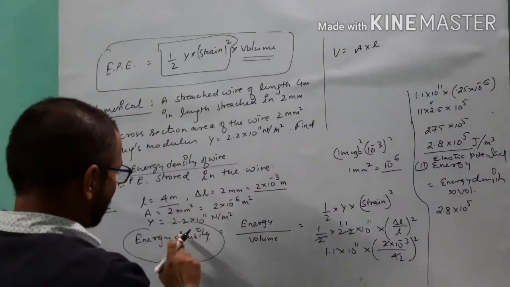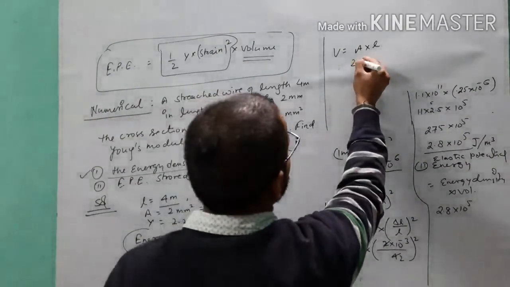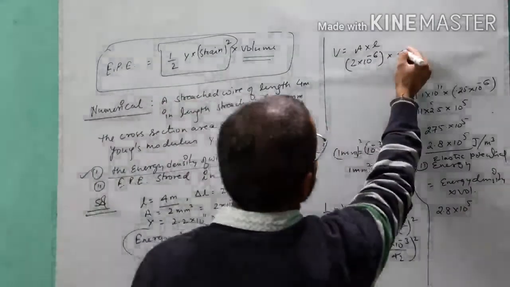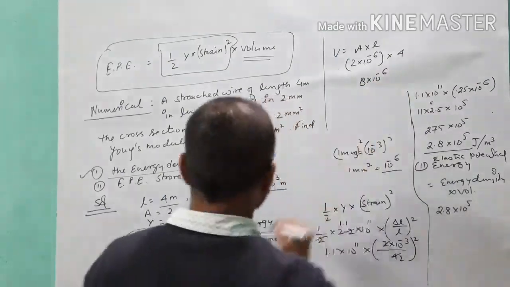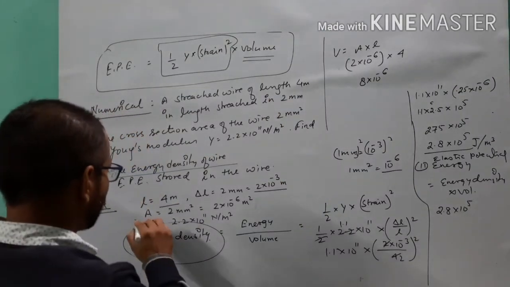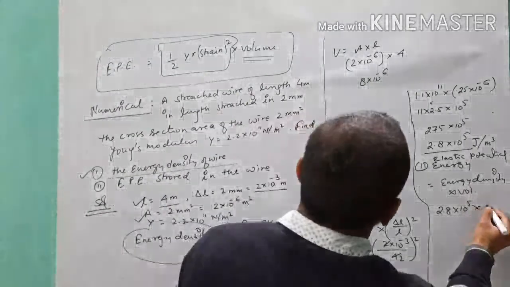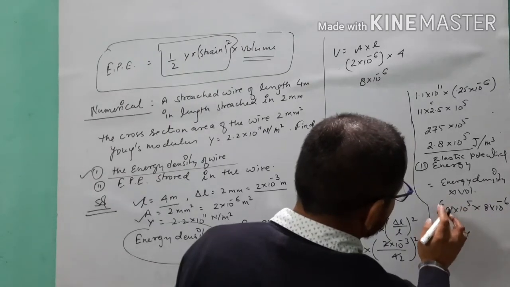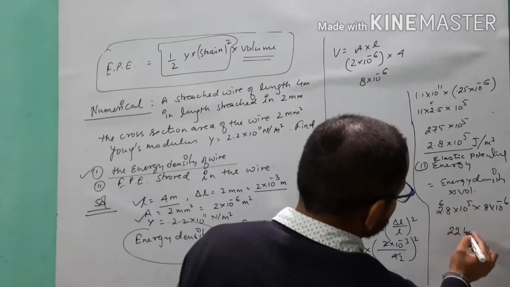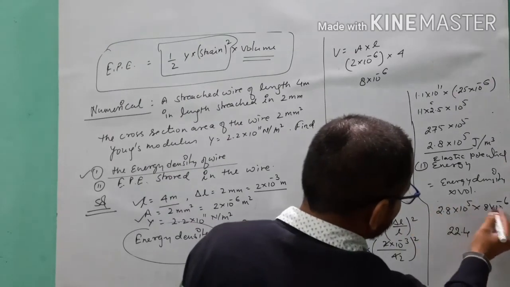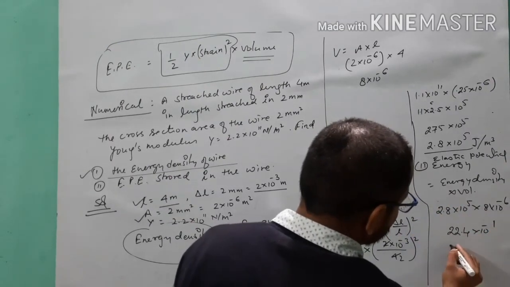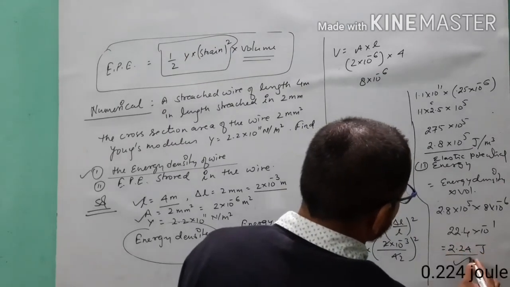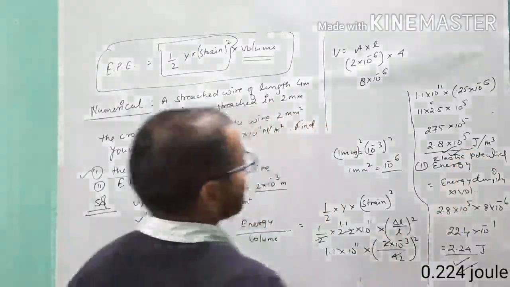Area of cross section we have 2 into 10 raised to the power minus 6, into length is 4, so 8 into 10 raised to the power minus 6. So 2.8 into 8 into 10 raised to the power minus 6 times 10 raised to the power 5, so 2.24 joule. Point clear? So this one is the answer and this one is also the answer.